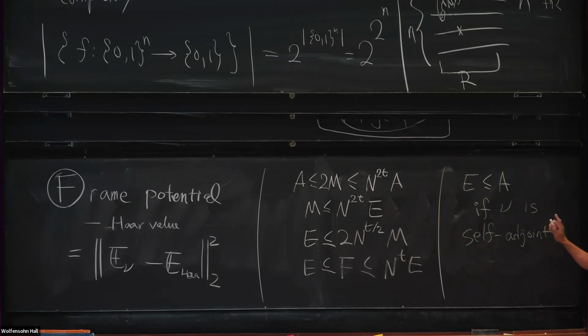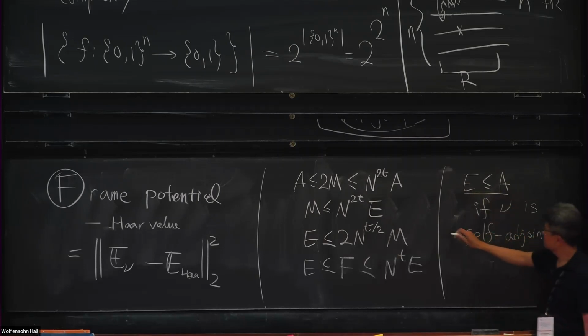The essential norm is upper bounded by the additive error if nu, the distribution of U, and the distribution of U dagger according to nu are the same. In particular, Haar measure is symmetric under adjoint, and almost all distributions you want to study will be too. So in that case, this holds.